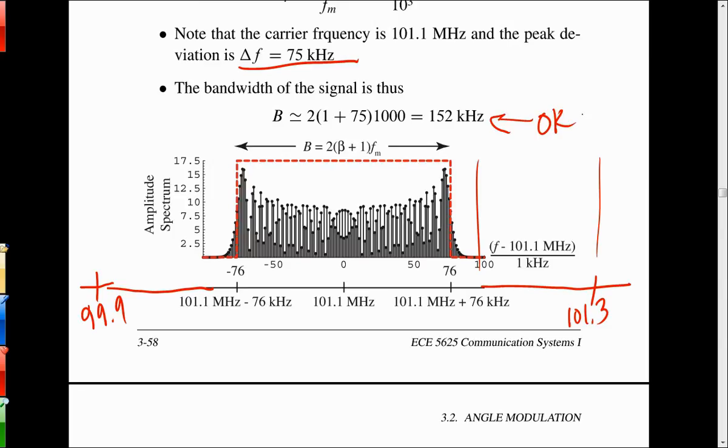Actually, they push it up closer to 200 kilohertz because that's right to the limit. You can occupy 200 kilohertz. That's awesome bandwidth occupation compared to broadcast AM. Broadcast AM, the message bandwidth is 5 kilohertz, so it occupies 10 kilohertz. FM broadcasting is occupying 200 kilohertz of bandwidth just to listen to music.